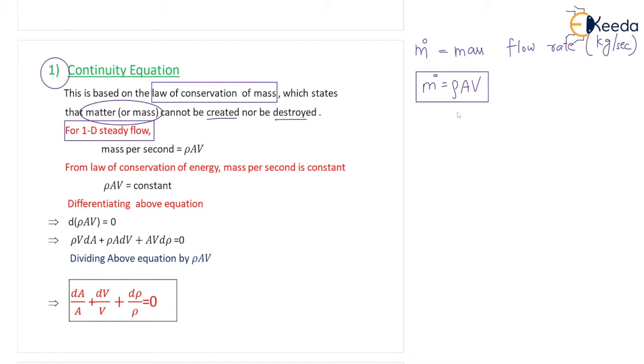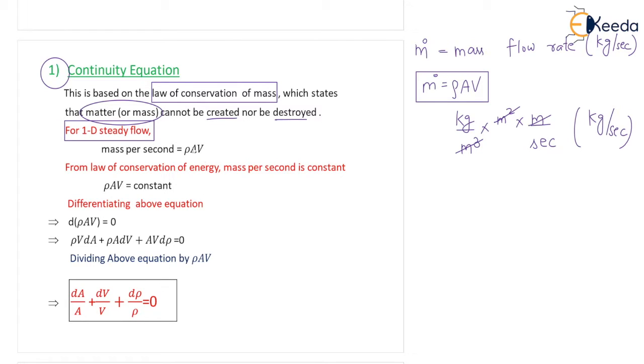The unit of density is kg per meter cube, area is meter square, and velocity is meter per second. So this meter cube and this meter cube get cancelled, and you are left with kg per second. That is the final unit of mass flow rate.